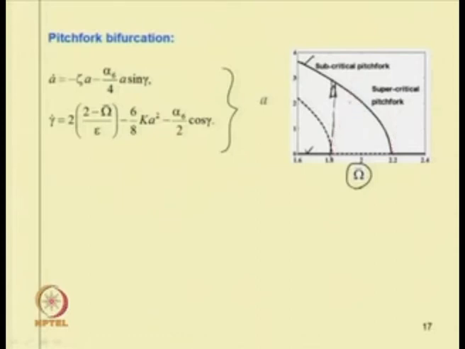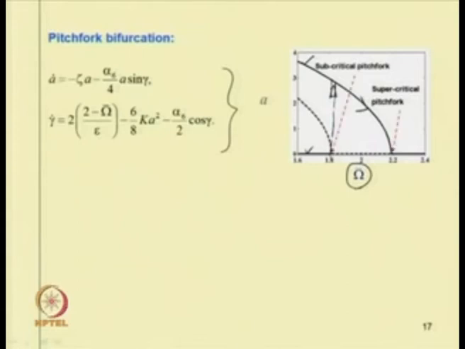It will follow this path, and at omega bar equal to 2.2, again the response becomes trivial. That means the non-trivial amplitude will go on decreasing, and at omega bar equal to 2.2 it becomes the trivial response, and with further increase in omega bar the trivial response will exist.